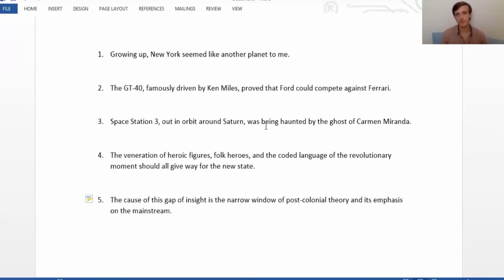So let's cut as many of those as we can, and we end up with "Carmen Miranda's ghost haunted" or "haunts Space Station 3 around Saturn." It's the same kind of information, but suddenly we've got a person, or the ghost of a person, doing something, and the location comes at the very end.